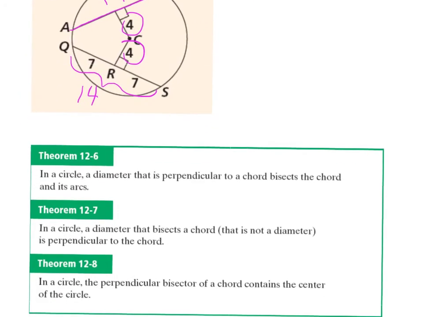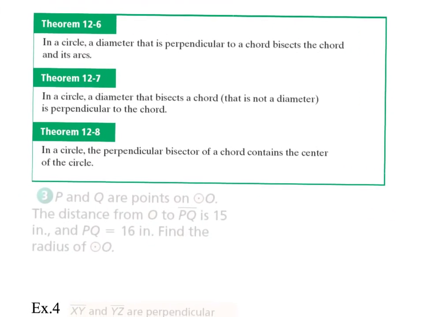So moving on to the next set of information. Theorems 12.6, 12.7, and 12.8 basically all go hand in hand. Obviously we have a circle, a diameter that's perpendicular to a chord bisects the chord and its arcs.